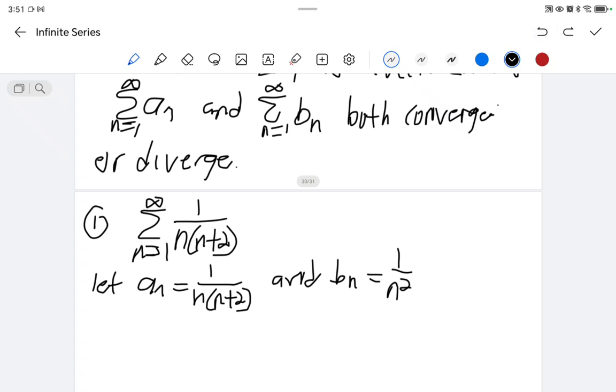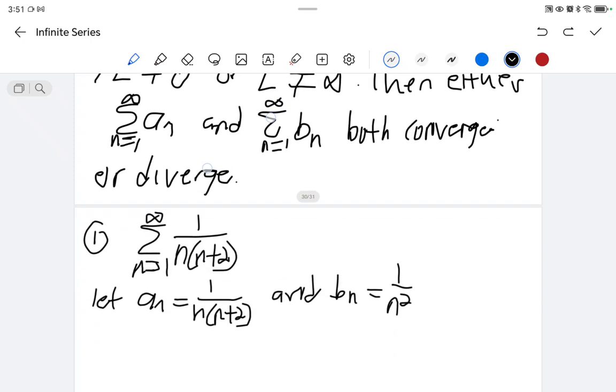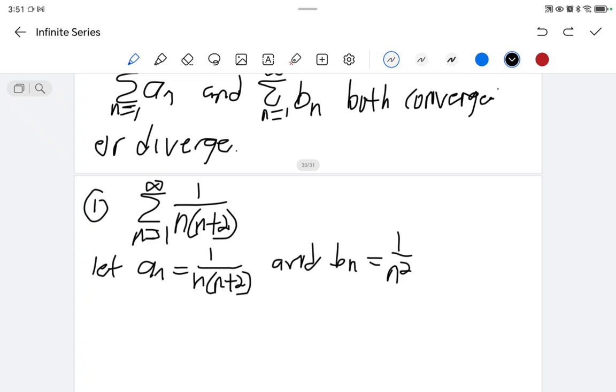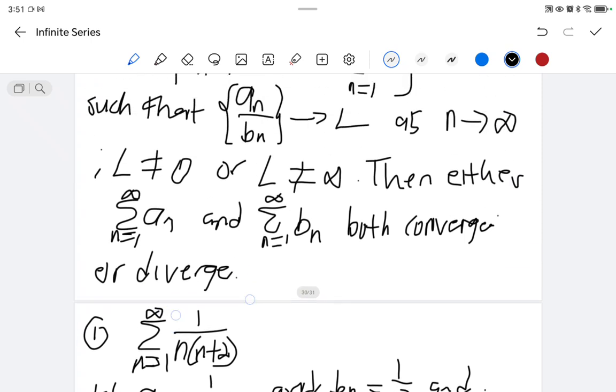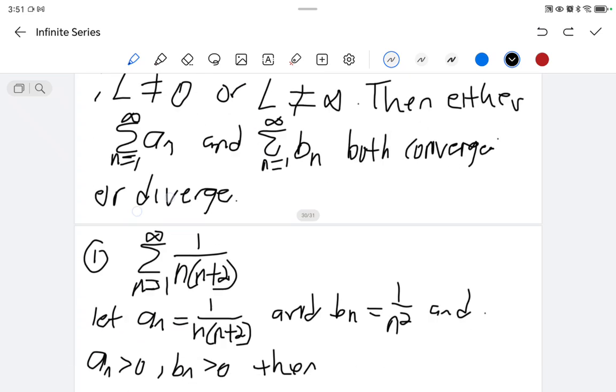Remember that I said they should both be greater than 0, so we can say a of n is greater than 0 and b of n is greater than 0. Now the condition says that if this is true, we should check the limit of a of n over b of n.